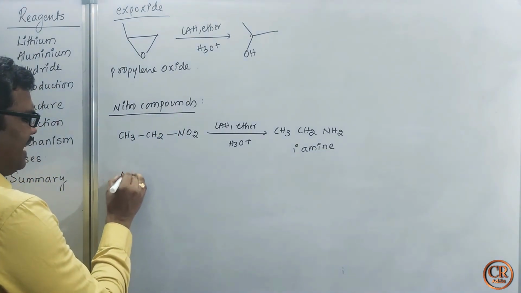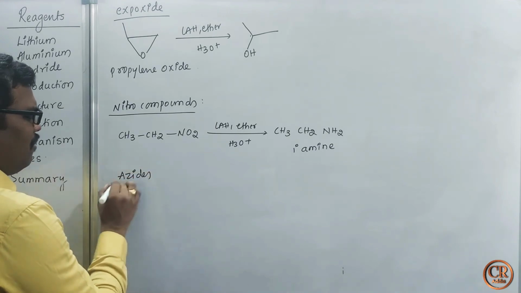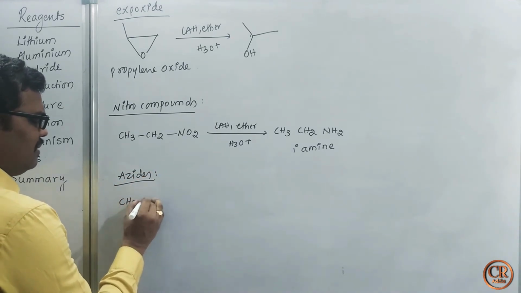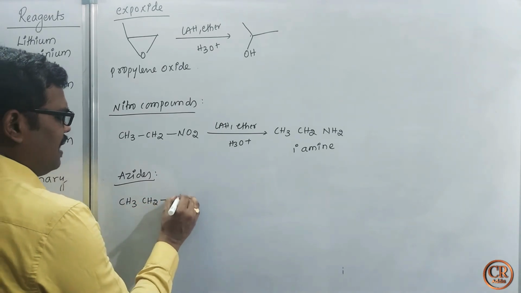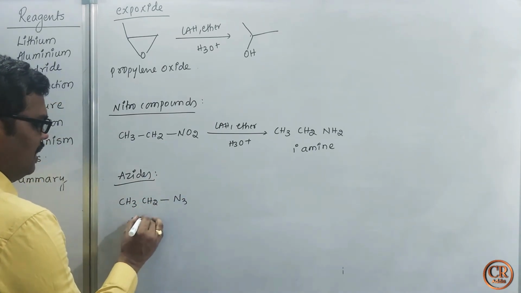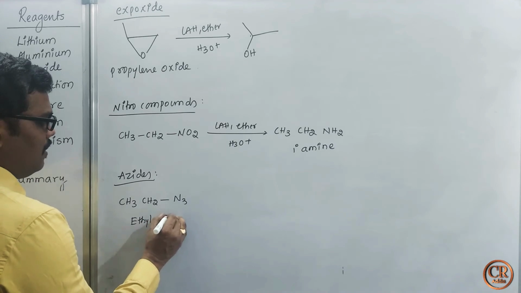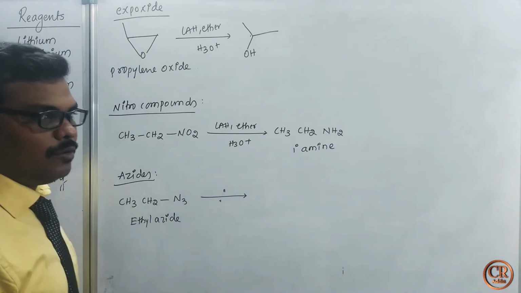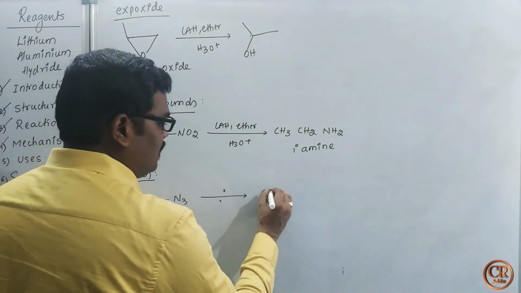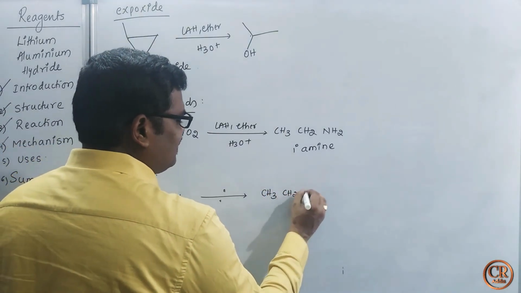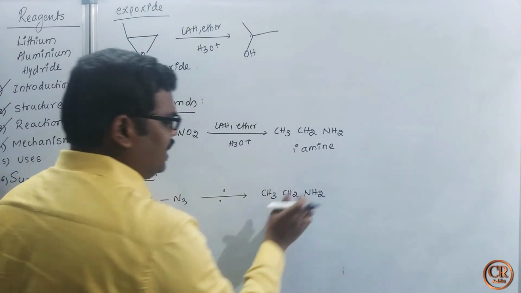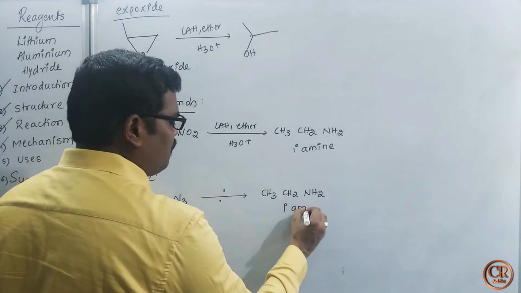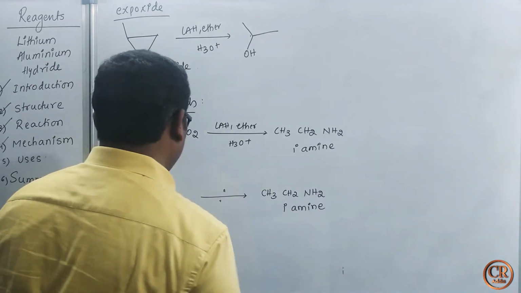Now if we take azides, I am taking one example for azide. CH3CH2N3. Name of this is ethyl azide. When ethyl azide reacts with lithium aluminum hydride in ether followed by acid hydrolysis gives CH3CH2NH2. Name of this one is ethylamine. This is also primary amine.